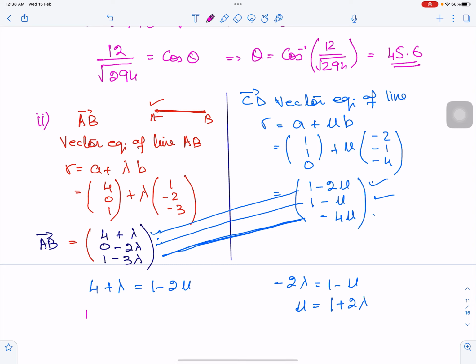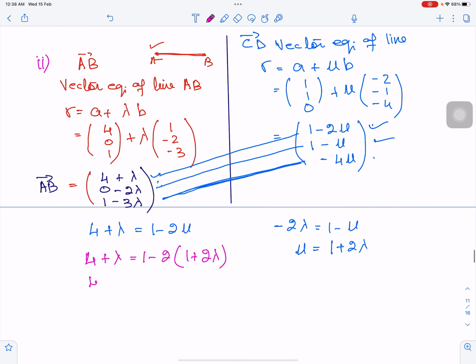So 4 plus lambda equals to 1 minus 2 times 1 plus 2 lambda. So it will be 4 plus lambda equals 1 minus 2 minus 4 lambda. So I'm bringing lambda here. It will be 5 lambda equals to minus 1 minus 4. So lambda equals to minus 5 upon 5, which is equal to minus 1.